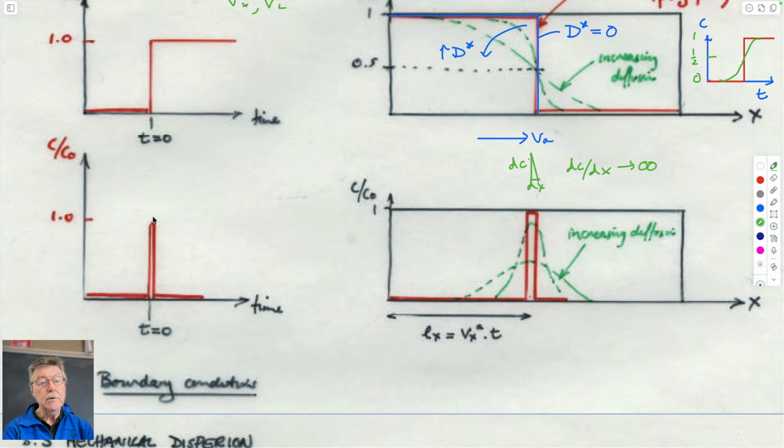But because there's only so much dissolved mass under this curve, the skyscraper, then just like the ink bubble, as it only has a set amount of mass, as it spreads out wider, the peak has to get shallower, because the area under this curve, you could imagine, is equivalent to the area under the red curve, right?